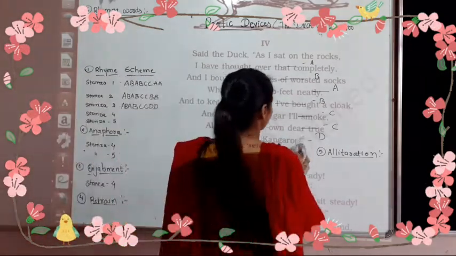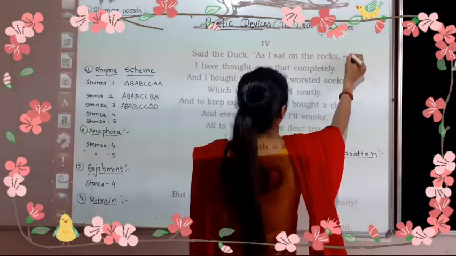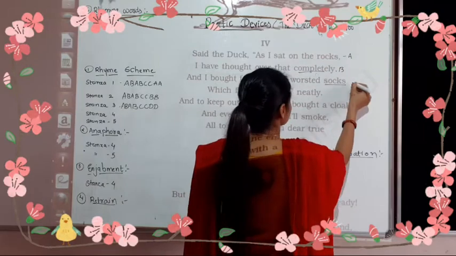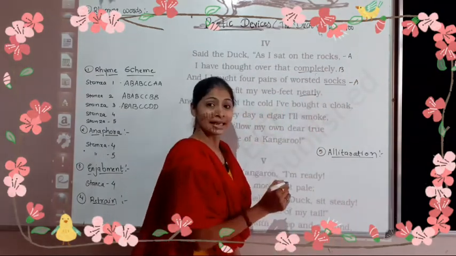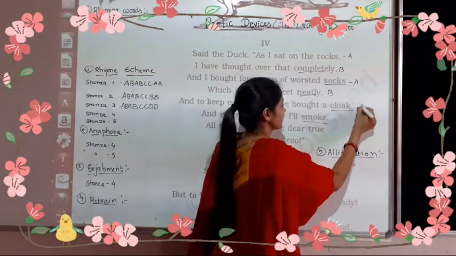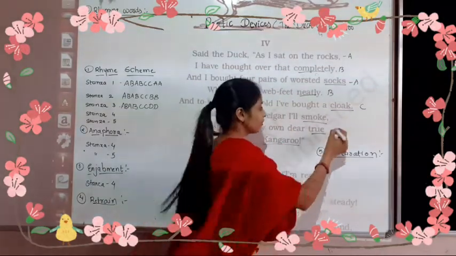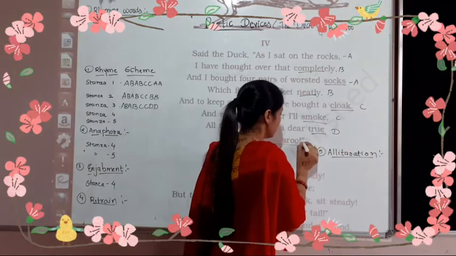Now let's see the next stanza, number 4. The rhyme scheme is rocks, A; completely, B; socks, again the same as the first, so A; neatly, completely and neatly are the same, so B; clock and smoke, C; and true and kangaroo, same as stanza number 3. What will come here? C here and D here.